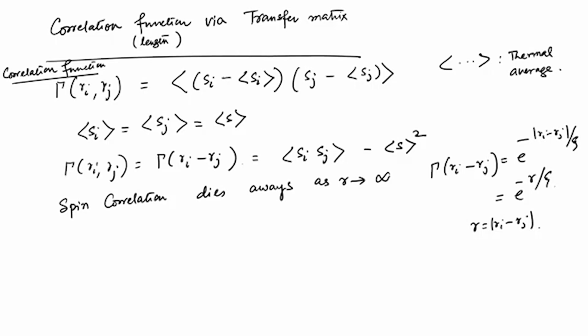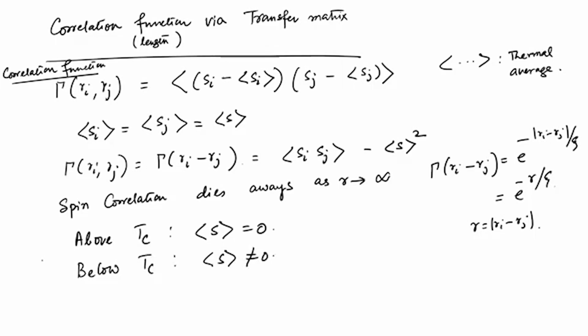The only difference is that above Tc this quantity is equal to 0, which is called the magnetization, and below Tc it is not equal to 0, it is finite. But nevertheless, this behavior stays as you make the distance between the two sites large enough.